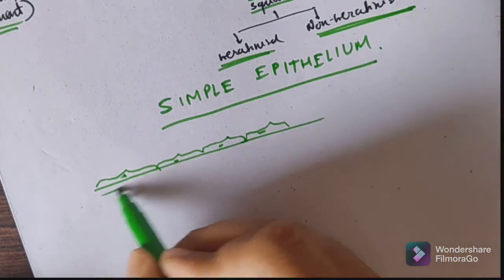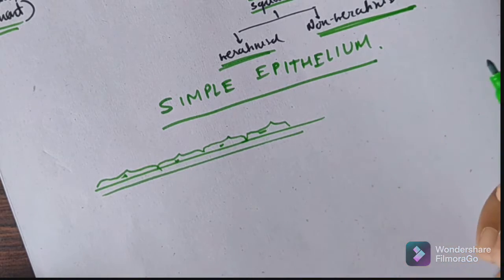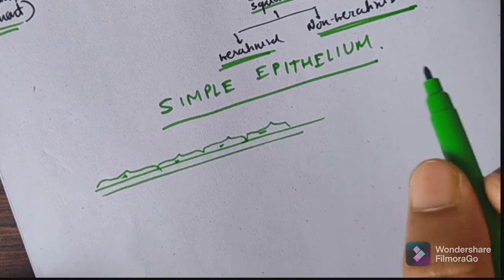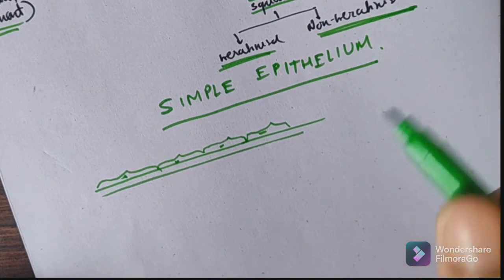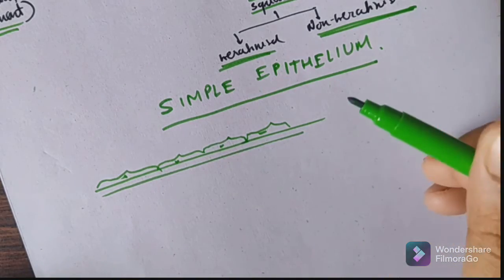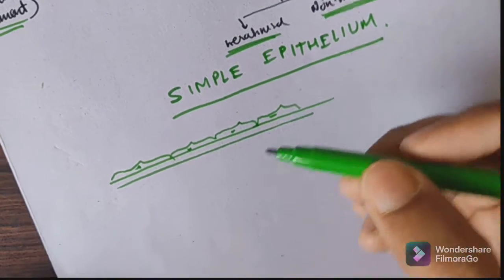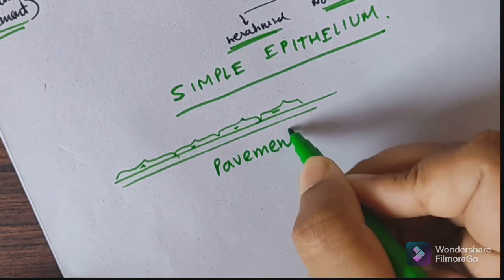Now they rest on a basement membrane and is present on the areas where absorption is more but wear and tear is less. Simple epithelium consists of the following types: the pavement or simple squamous, columnar with or without cilia, pseudo stratified. Okay, now let's discuss about the pavement or the squamous epithelium.